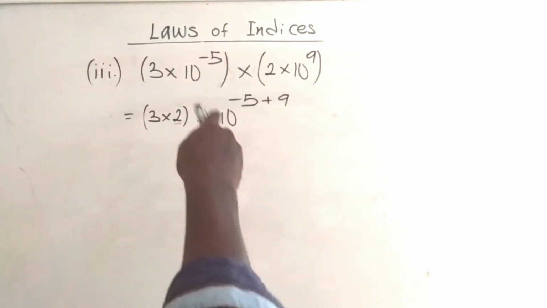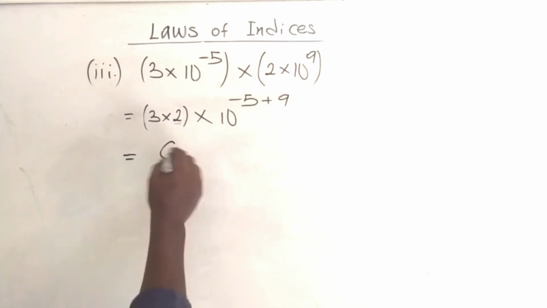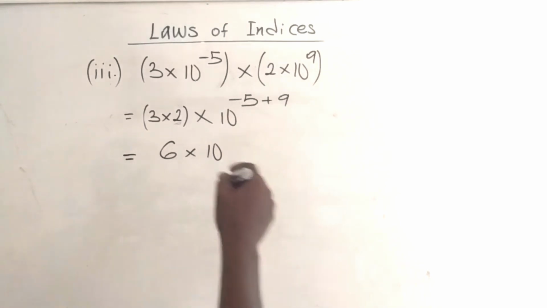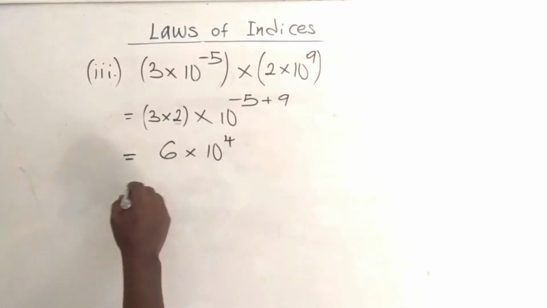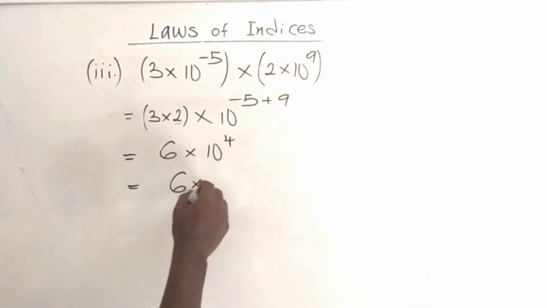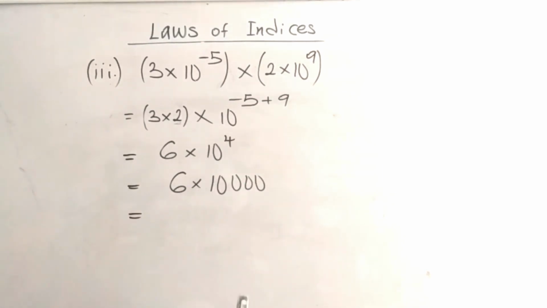And then add the powers minus 5 and 9. 3 multiplied by 2 gives us 6. Minus 5 added to 9 gives us 4. 10 raised to power 4 gives us 10,000. 10,000 multiplied by 6 gives us 60,000.